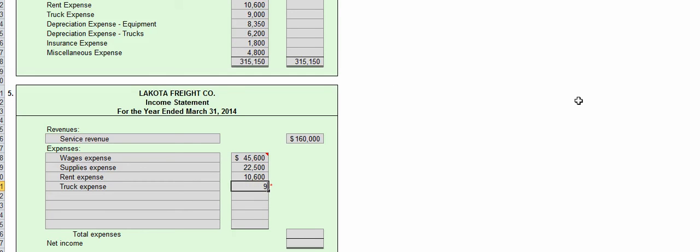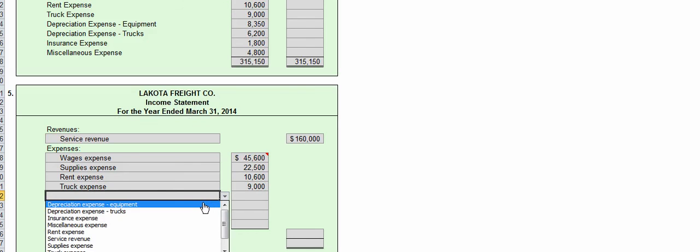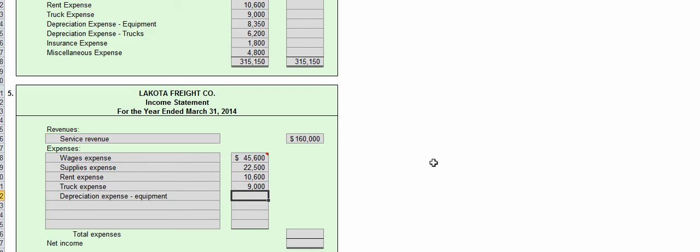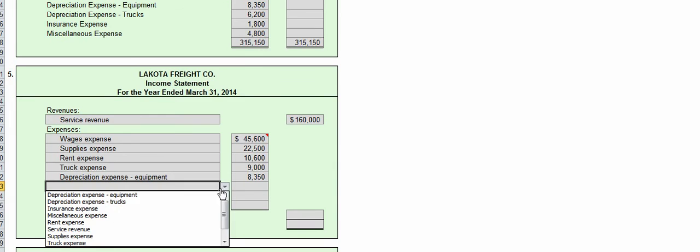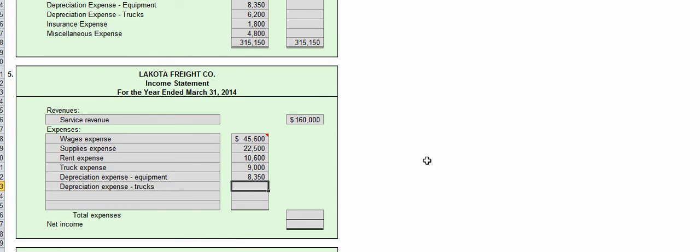Not 900. We're just picking these numbers up, you guys, from our adjusted trial balance up above. Depreciation expense equipment is next. Its balance is $83.50. Depreciation expense trucks, $6,200. Insurance expense, $1,800. And miscellaneous expense, $4,800.